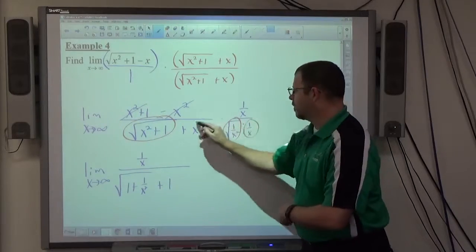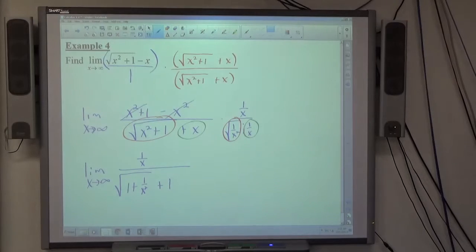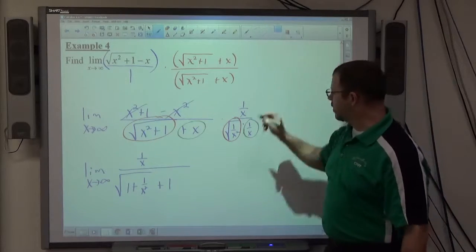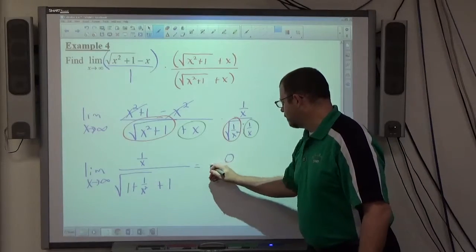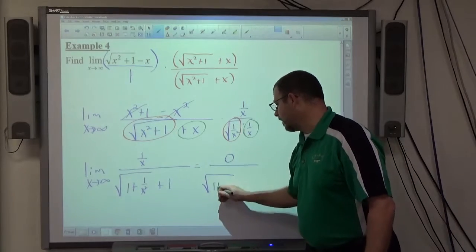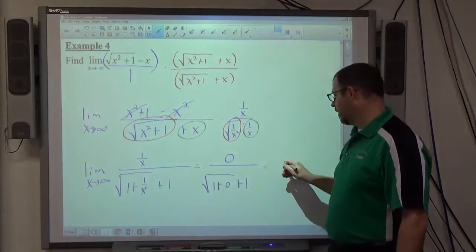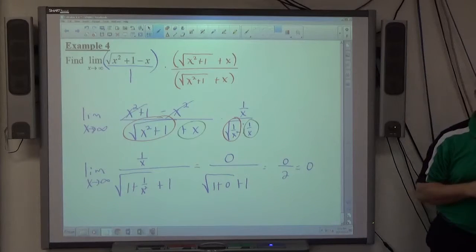This is not a radical, it's being multiplied by the not-a-radical part. The end result is now as x approaches infinity, 1 over infinity on top makes 0. 1 plus 1 over infinity is going to be 1 plus 0, plus 1. So we get 0 over 2, which equals 0. So in this case, infinity minus infinity happened to equal 0.